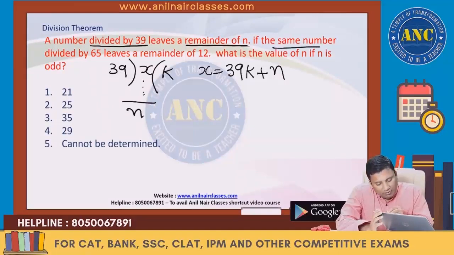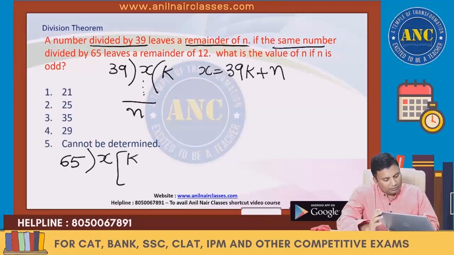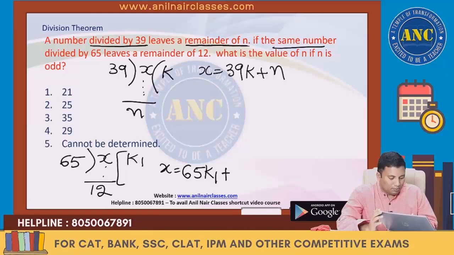If the same number x is divided by 65, it leaves another remainder 12. So x is 65k1 plus 12. Both are the same.